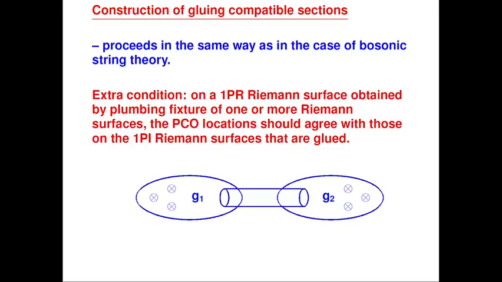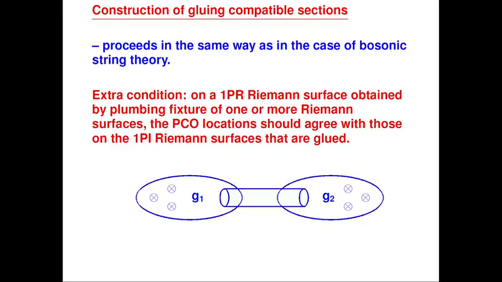But now we demand one additional constraint, namely that the distribution of picture changing operators on this glued surface must be taken to be those which are induced from the locations of the picture changing operators on the original surfaces.